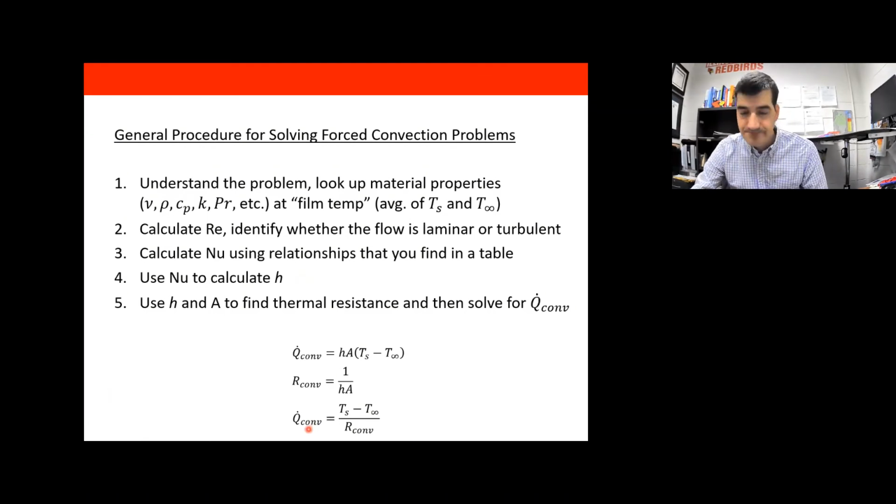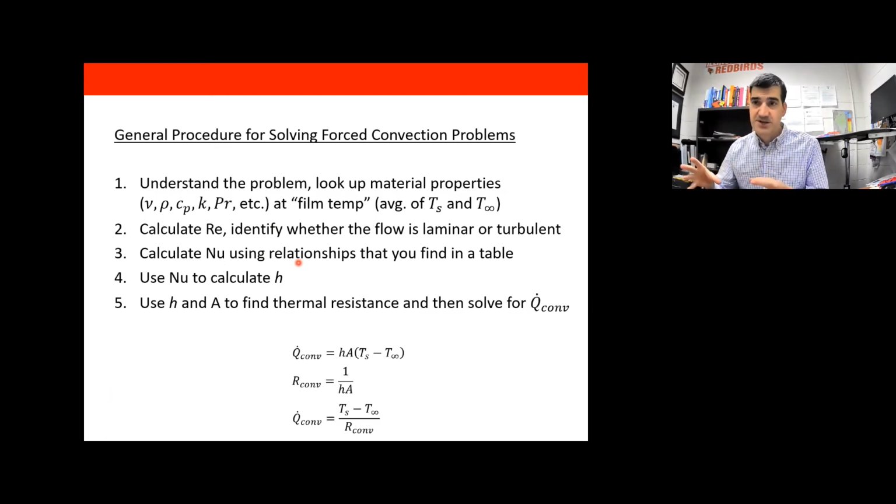Okay, the only thing we have left to talk about with regard to convection is what are these relationships. There have been a lot of experiments done over the past 100 years or so for lots of different types of geometry to figure out experimentally what the Nusselt number is.